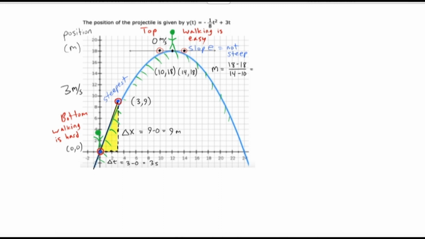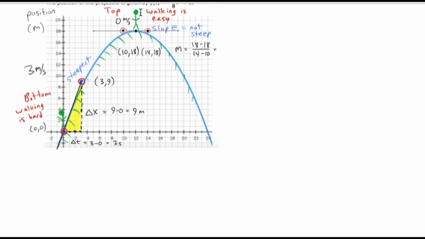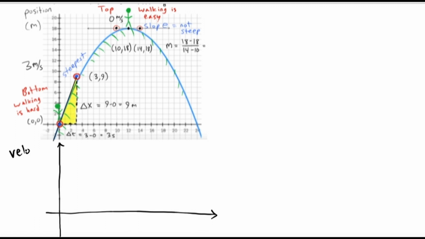So let me just show how I would sketch one here. All right, so try to line up the axes so that the times of each graph coincide, like this. Okay, and then we're going to create a velocity graph.